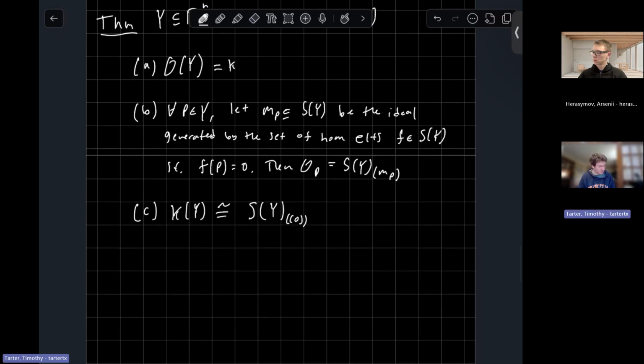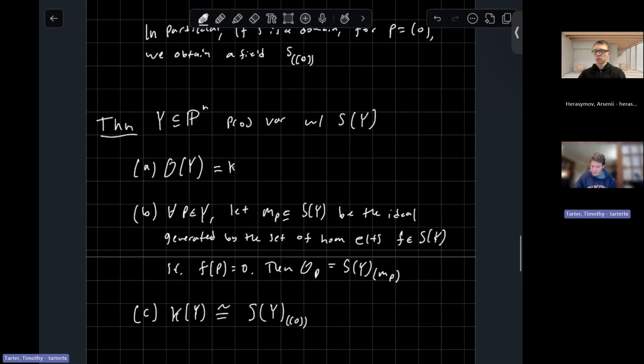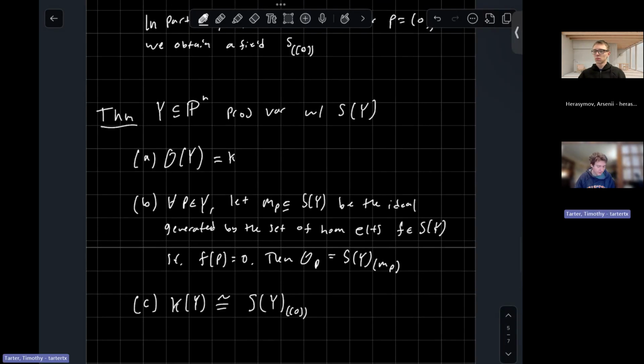I've never used this theorem anywhere else, but I don't do a lot of projective stuff. I don't think I know how to prove that.